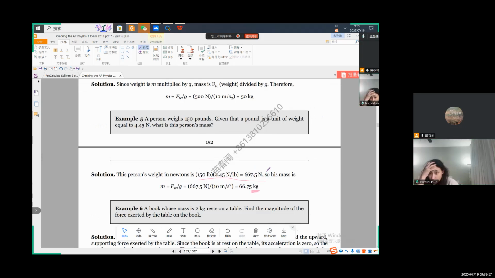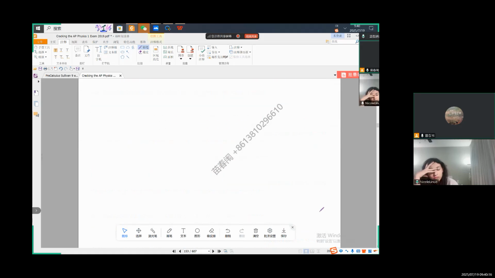Magnitude is just the size of the force, as opposed to direction. As a vector, force has magnitude, and it also has a direction. This one doesn't ask for direction, right?